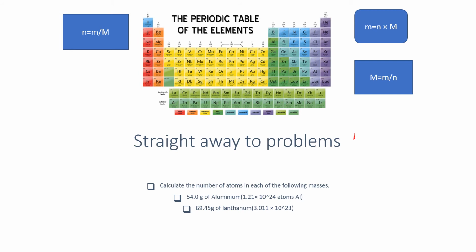So first step, simple n equals simple m over capital M, simple m 54, and aluminium is here.